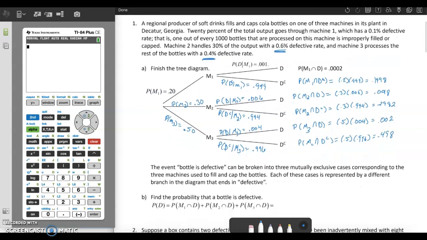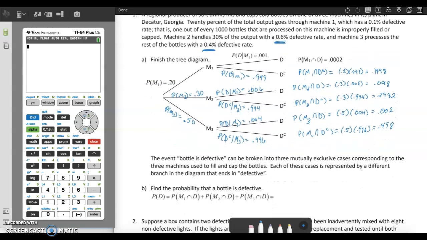So now we look and it says, the event bottle is defective can be broken down into 3 mutually exclusive cases corresponding to the 3 machines used to fill and cap the bottles. Each of these cases is represented by a different branch in the diagram that ends in defective. So if we want to find the probability that a bottle is defective, we can just add all of the intersections together.